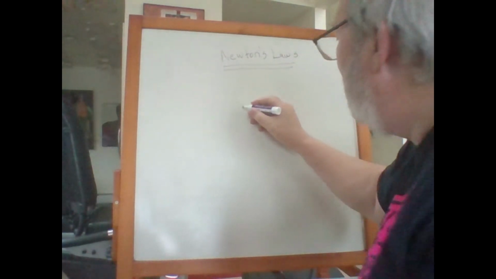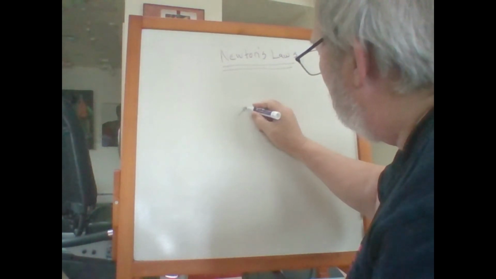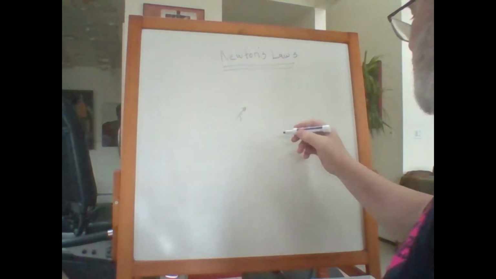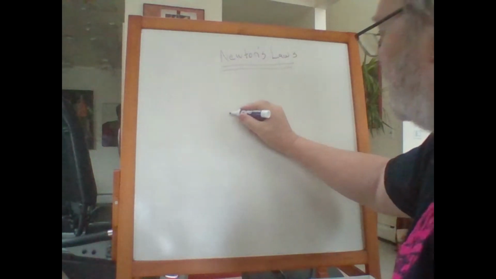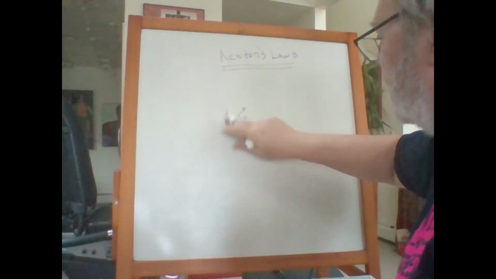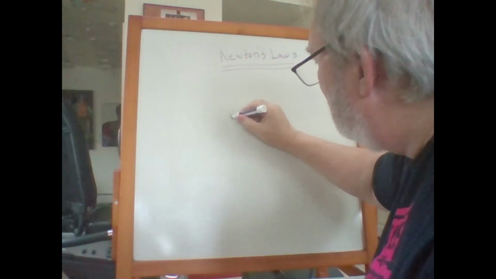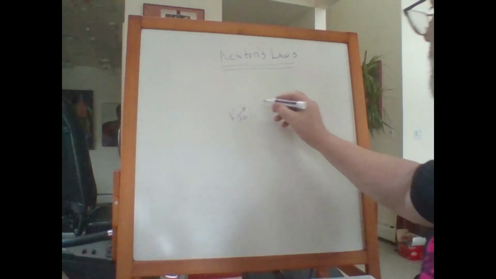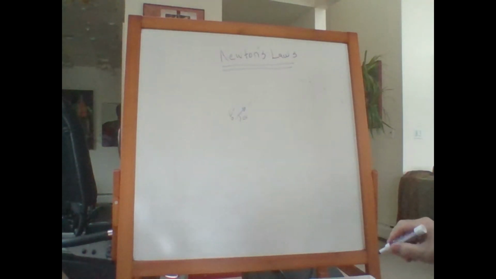So when we shoot the particle in one direction, we have several aspects. We have the angle that we shot it at. We have the initial velocity, we'll call it V naught. And we have the angle. And this thing is going to go in some kind of an arc like that.